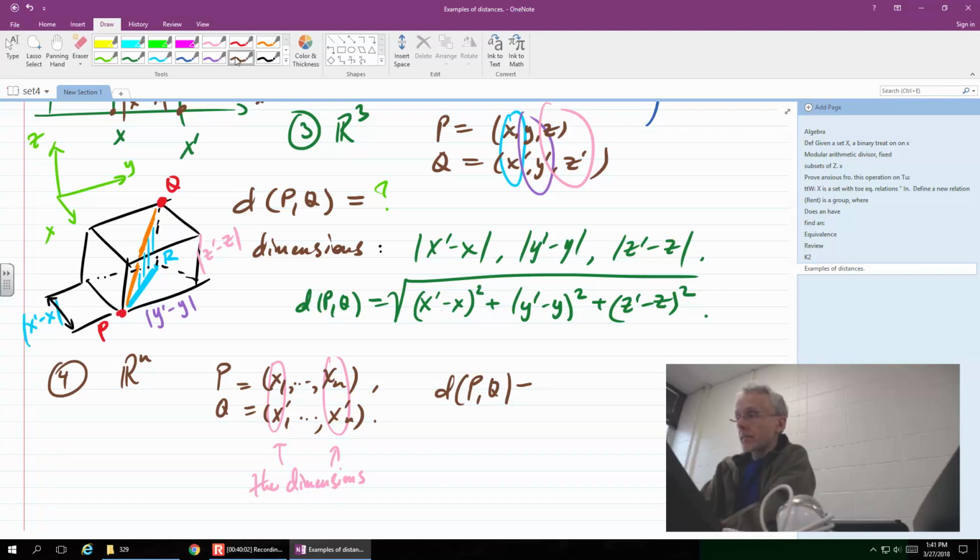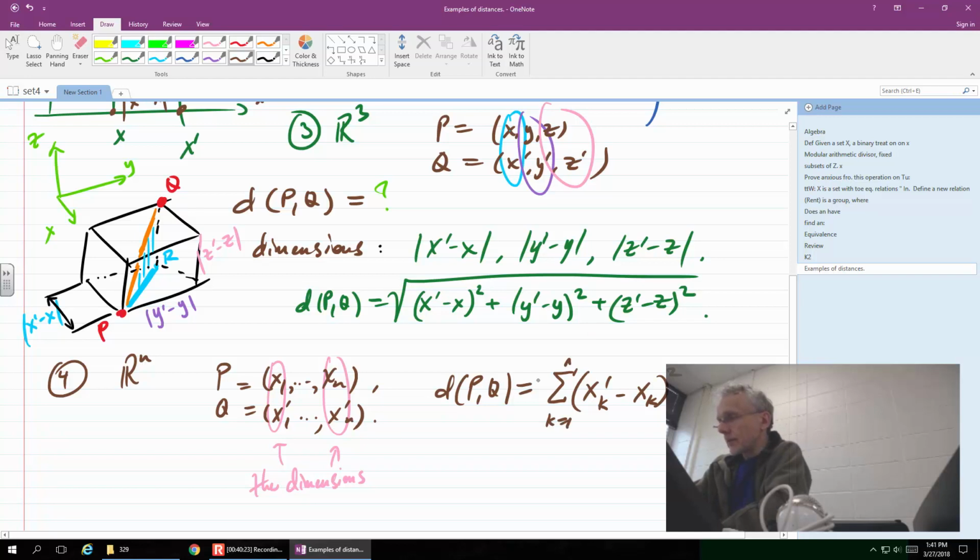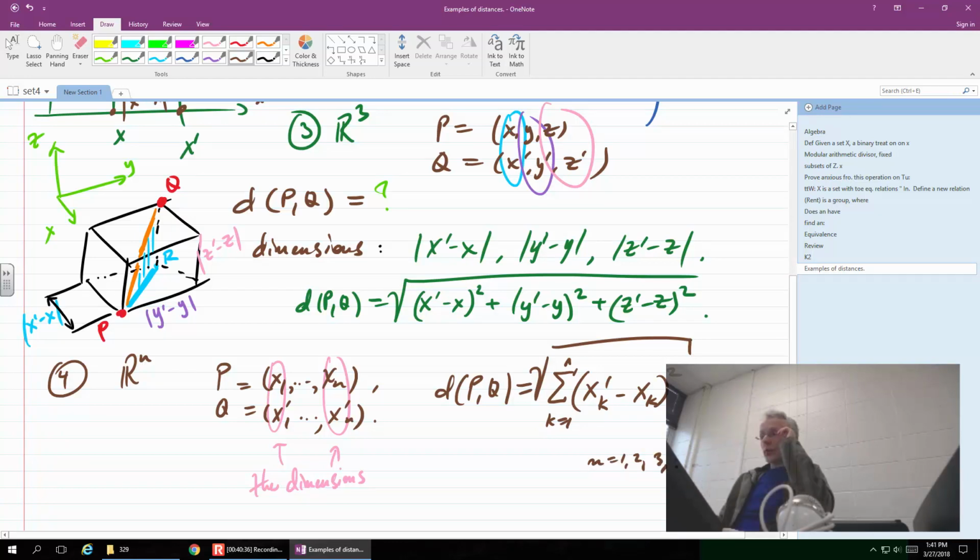So we subtract them one by one, xk prime minus xk, squared. Then we add them all up. I want to use sigma notation just to keep it compact. And the final step is the square root. It works for any n that you can imagine.